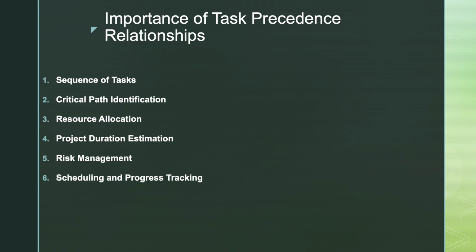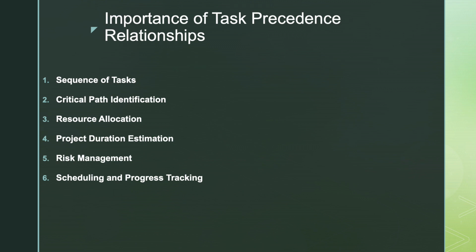Task precedent relationships help identify the critical tasks of the project. The critical path is the longest sequence of tasks that determines the shortest possible duration for the project. By understanding task dependencies, project managers can identify which tasks are crucial and focus resources on them to avoid delays.